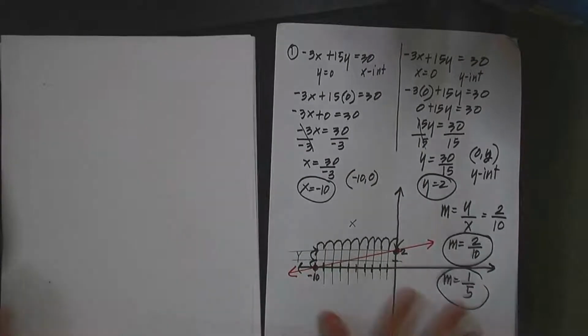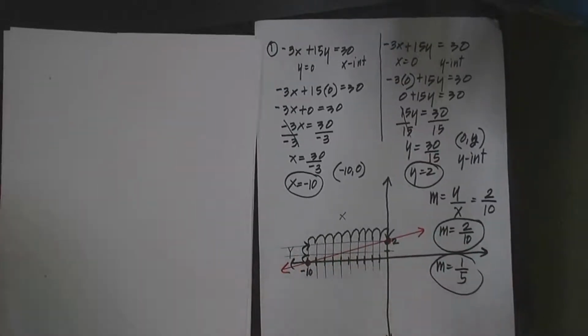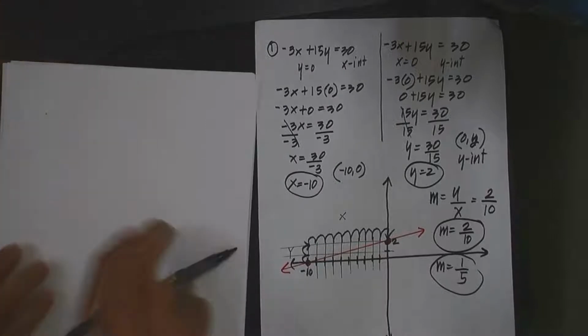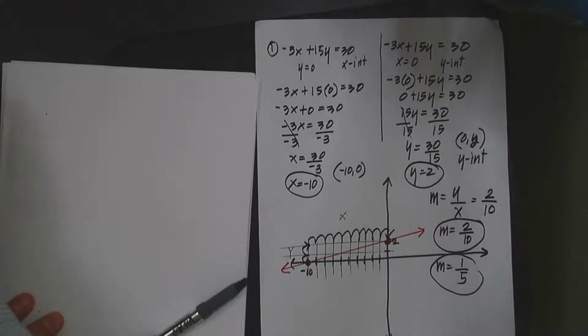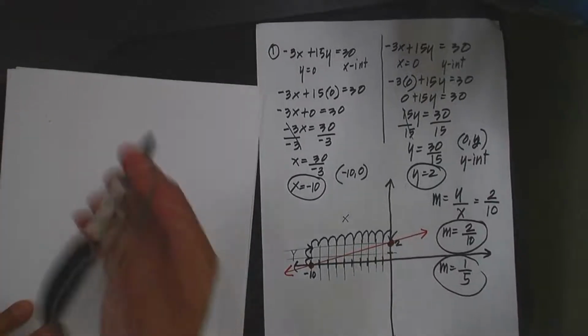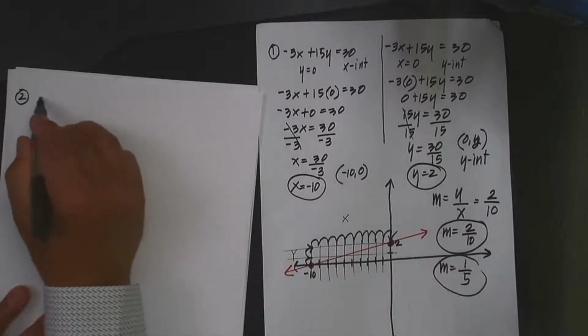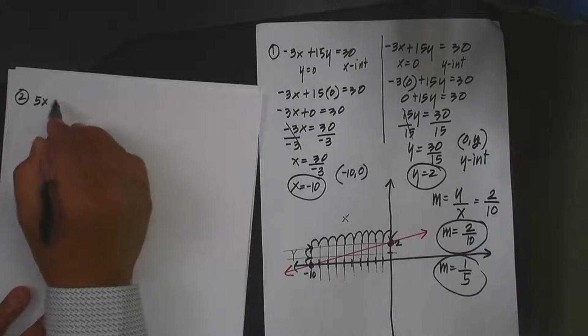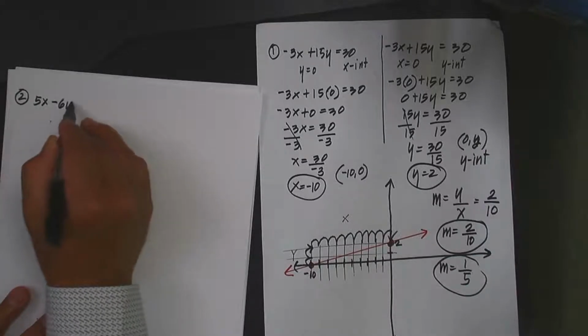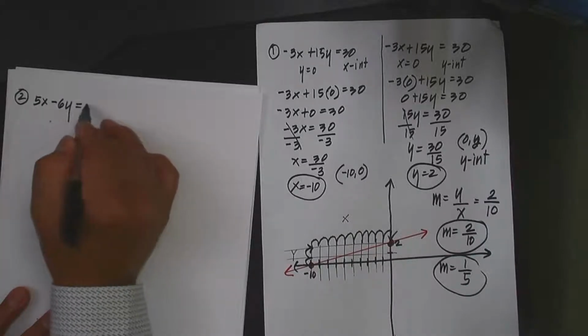Okay, so for number two, look on the screen. You have to copy the same equation, right? So number two, you have 5x minus 6y is equal to negative 30.